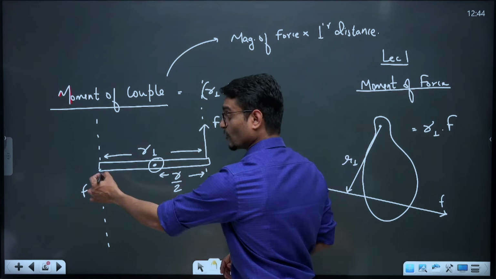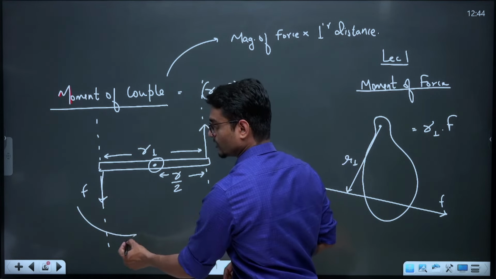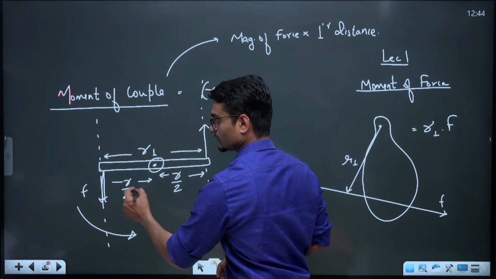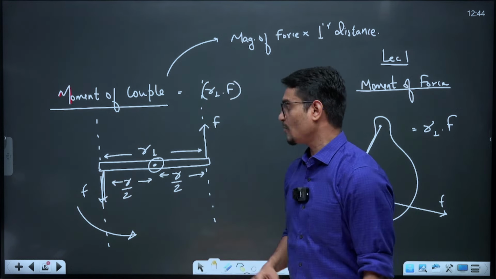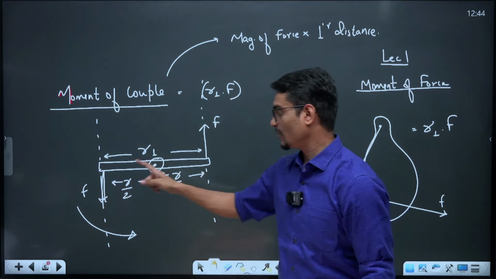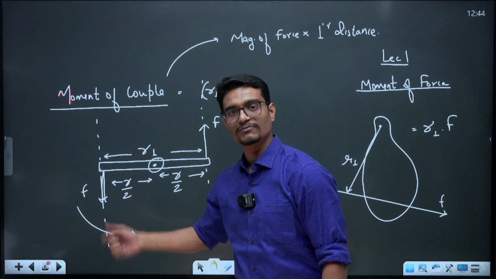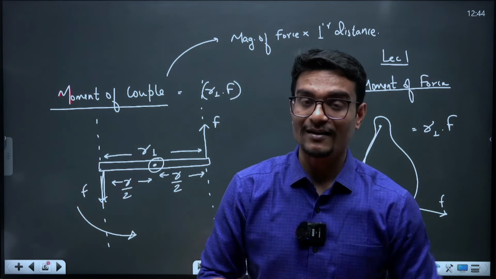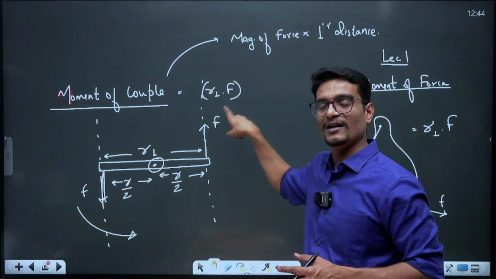Even this force is also producing an anti-clockwise effect. So the moment of this force is F into r by 2, and the moment of this force is F into r by 2. Simply add them. r by 2 plus r by 2 becomes r, and you get this formula, moment of couple.